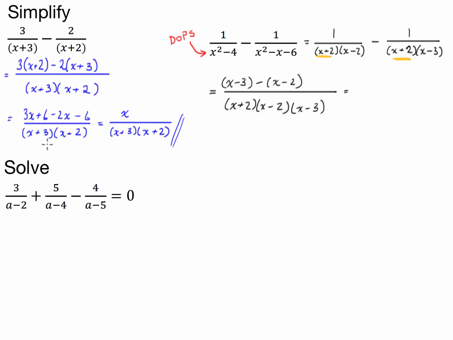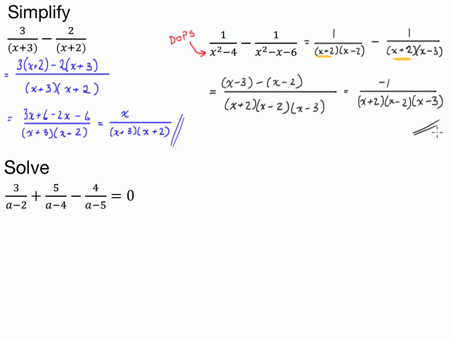Now, like we did in the last question, we're going to combine our like terms in the numerator. x minus x is nothing. Negative 3 minus negative 2: negative 3 plus 2 is negative 1. And that's going to be over x plus 2, x minus 2, x minus 3.